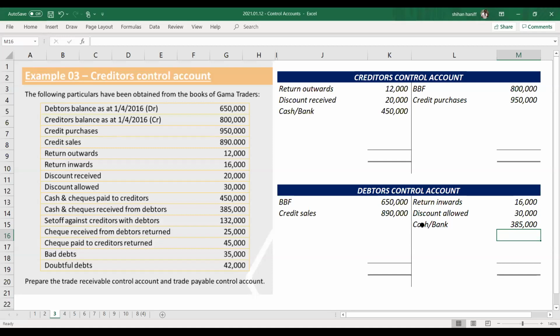Set off against creditors with debtors, so debtor will reduce. Set off against creditors 132,000, and that will be debited to creditors account. Set off against debtors 132,000.